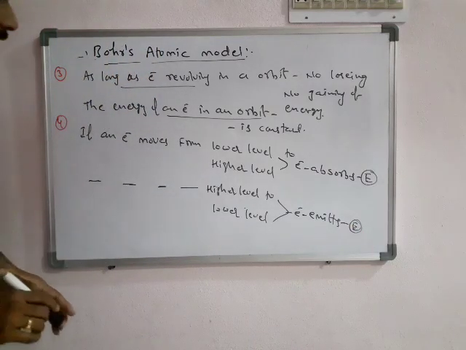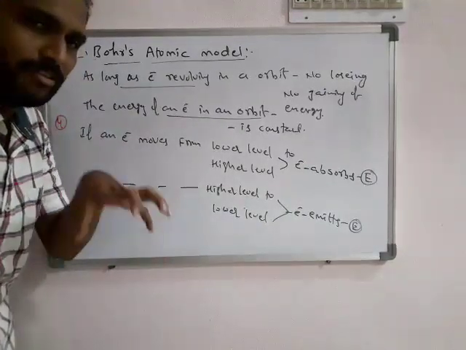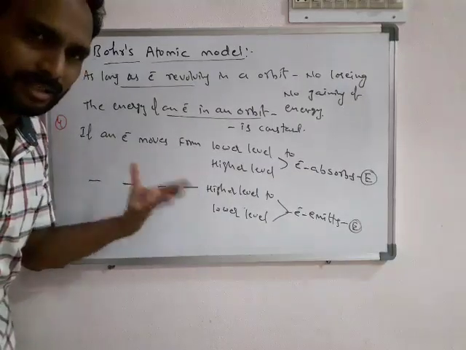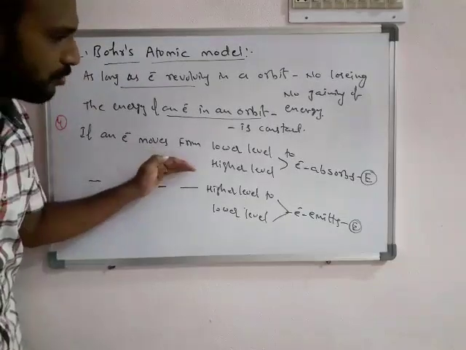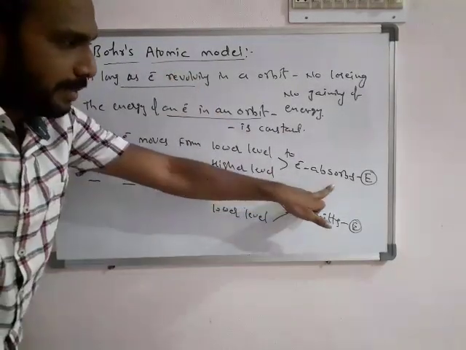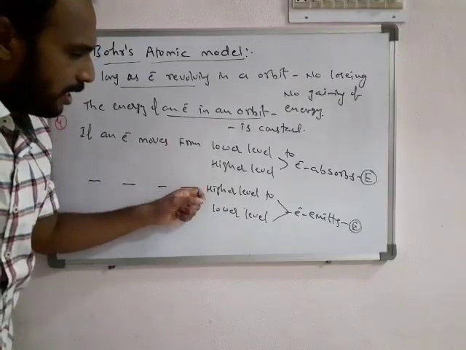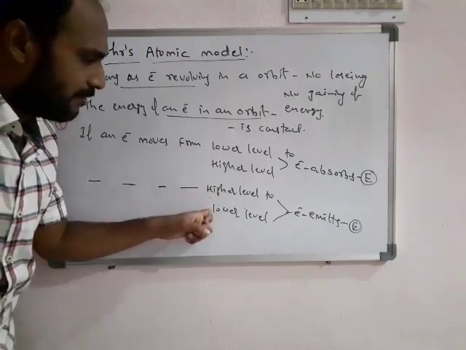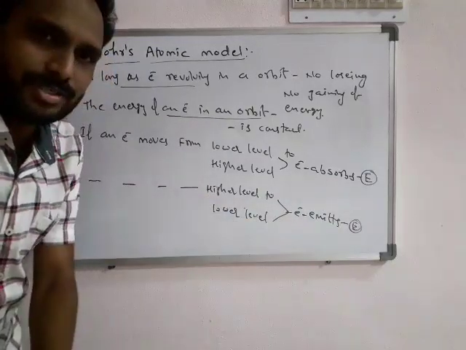As long as the electron is present in that orbit, the energy will be fixed, constant. If due to any outside force, the electron moves from a lower level to a higher level, it absorbs some energy. If the electron moves from a higher level to a lower level, it emits some energy.